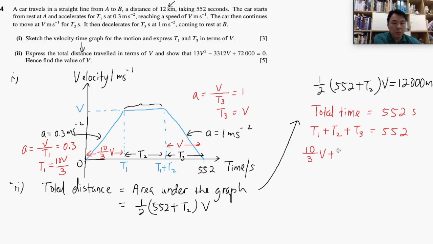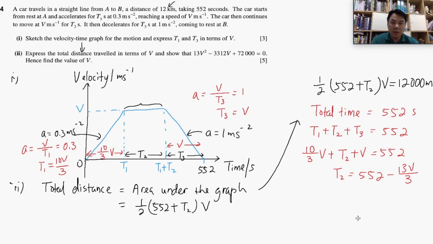My T2 is the one that I have no idea about. T3 is v. From here, I can work out my T2 quite easily. In this case, that is 552 minus 13v over 3. Okay, that's how I get my T2.